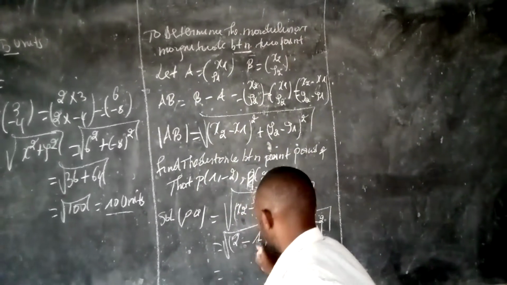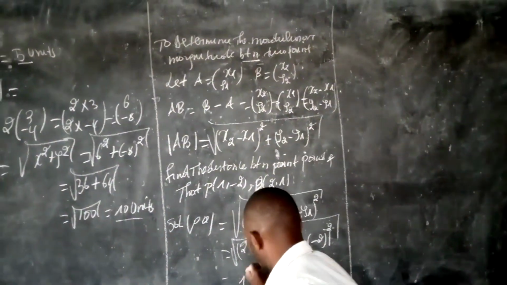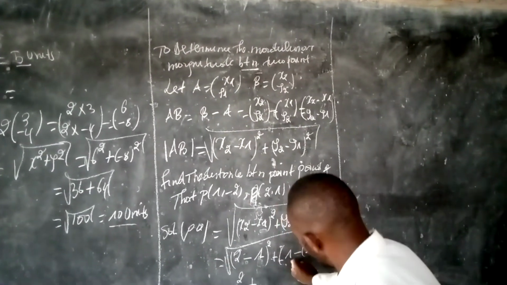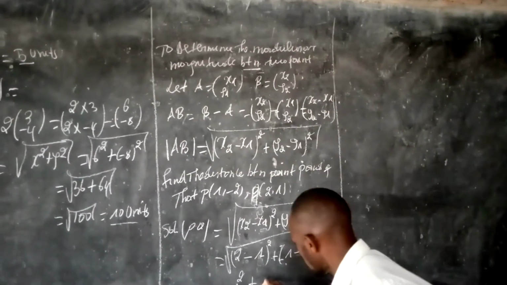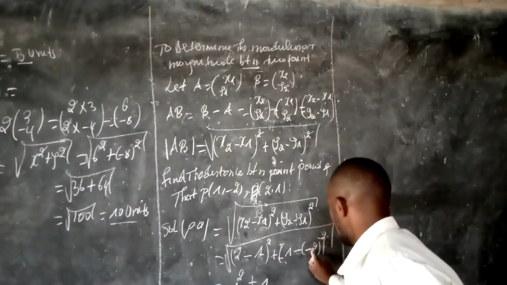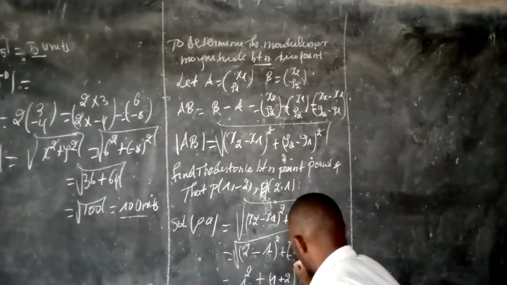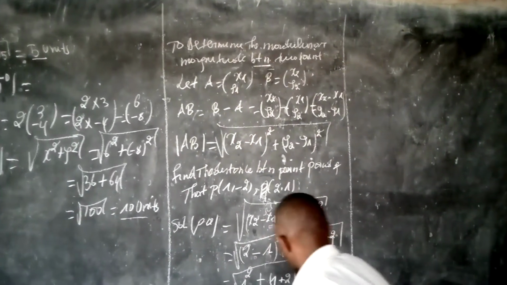We get 2 minus 1, which is 1, power 2, plus 1 minus negative 2, which gives plus 2, so we get 3, power 2, all in the square root.